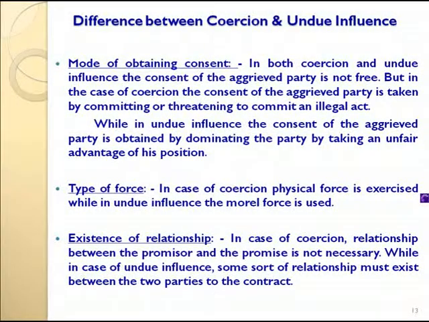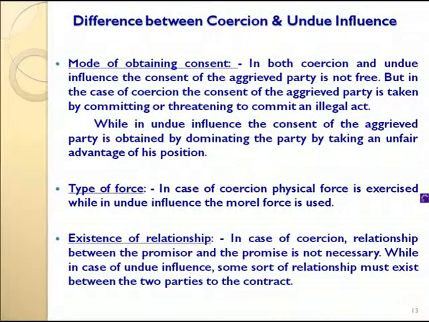Third is the existence of the relationship. In case of coercion, a relationship between the parties is not required. It is not mandatory that the party giving the threat knows the other party. It can be done by a stranger, and it can be given to a stranger as well.